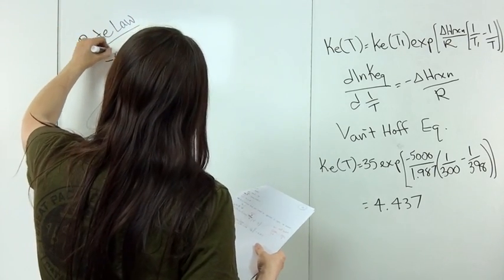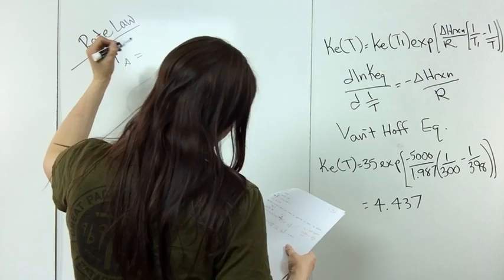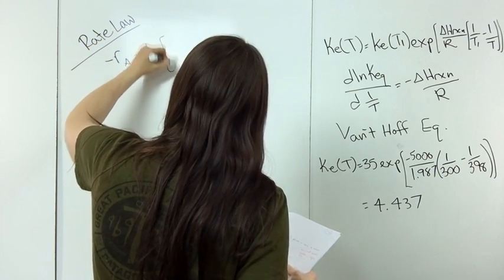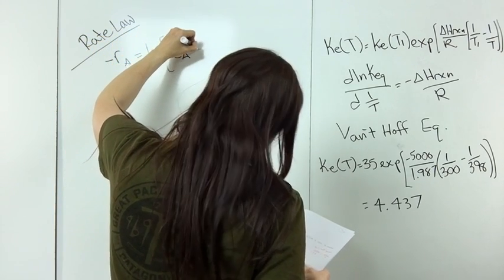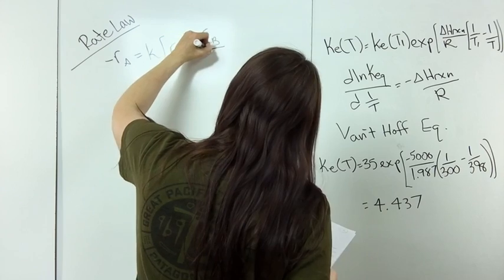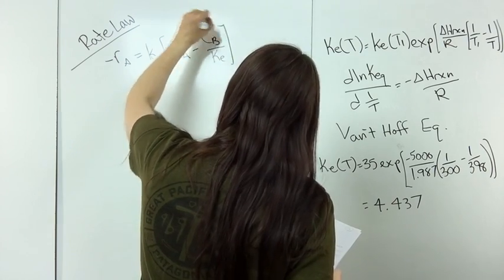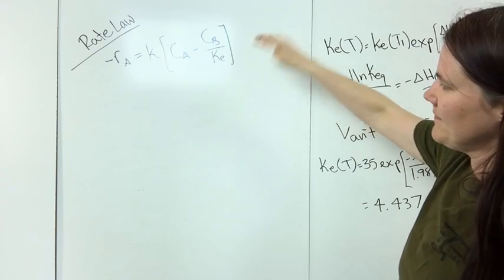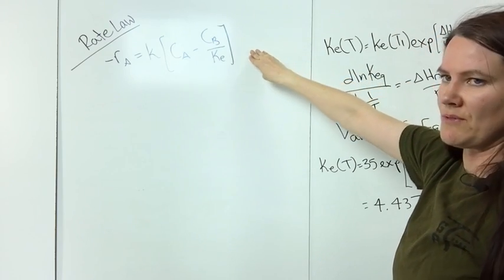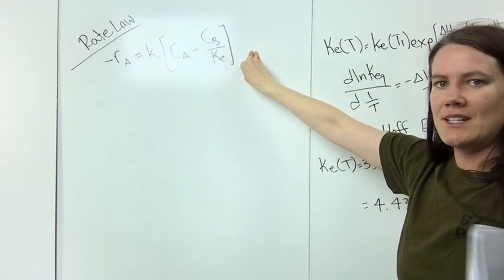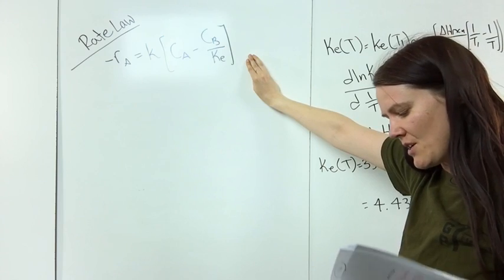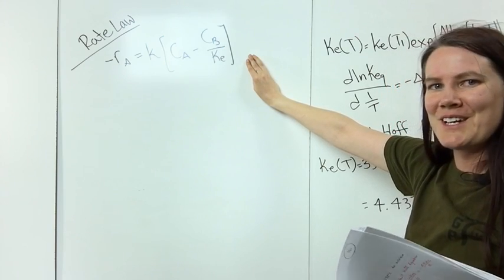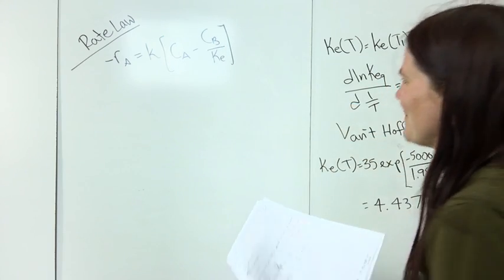And so for a reversible reaction, minus rA is equal to k times CA minus CB over Ke. And if you're not sure about how to derive that, definitely make sure you know before the exam.